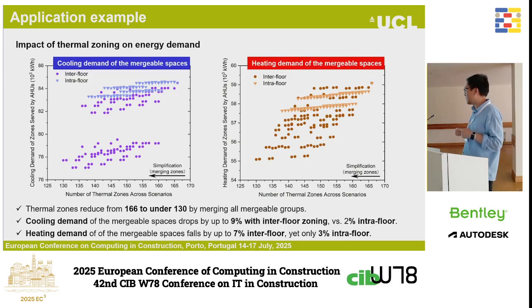As you can see, the difference, the drop, is not a lot. It's less than 10%, 7 or 9%, with the interfloor zoning. But if we go to the intrafloor zoning, which means that the zoning only happens within the floor, the difference is very, very little, only 2 to 3% compared to the baseline.